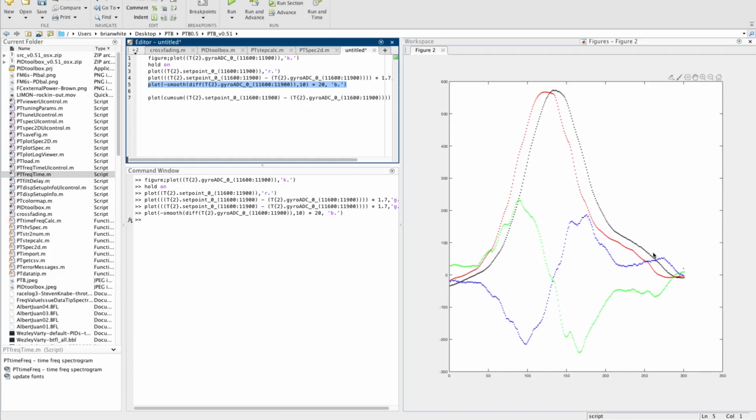Now, there's also a thing called D from error. I don't want to get too much into it, but basically D from error is like P term was computed from the difference between the set point and the gyro, the red and the black, right? Well, D term can also be computed as the derivative of that error as well. Instead of being the derivative of the gyro signal itself, it's instead the derivative of the error, the difference between the red and the black.